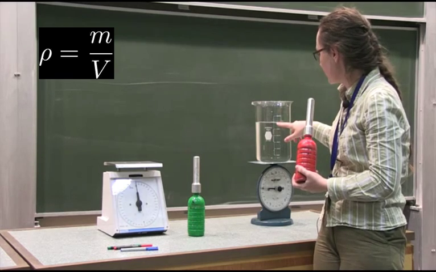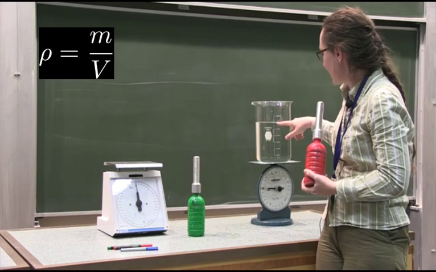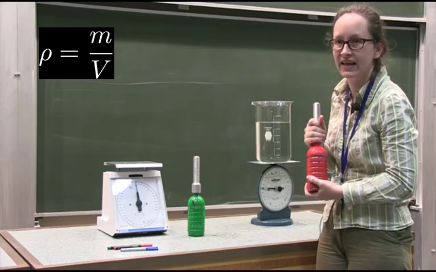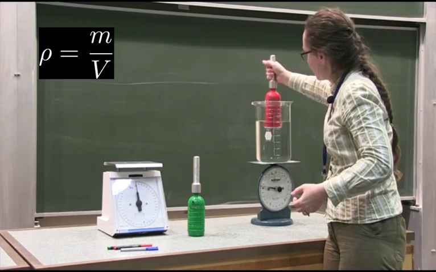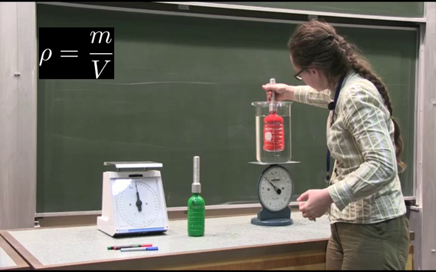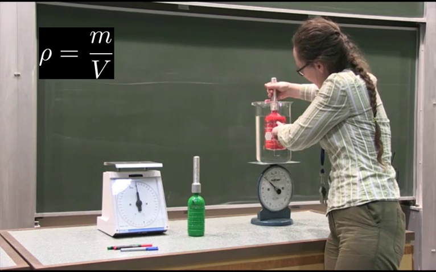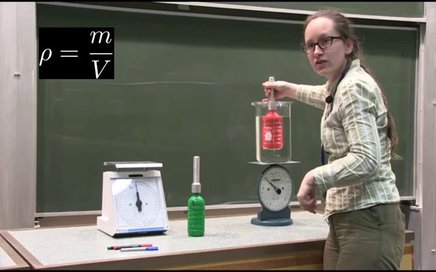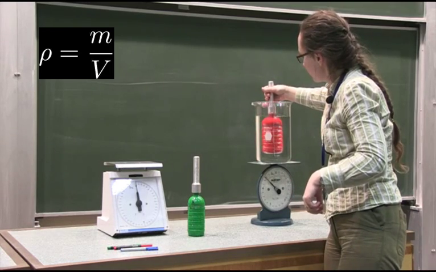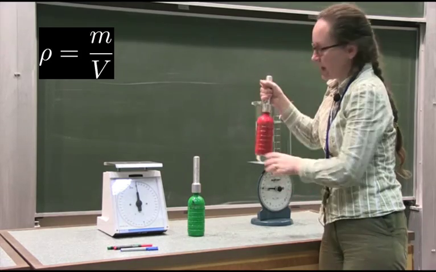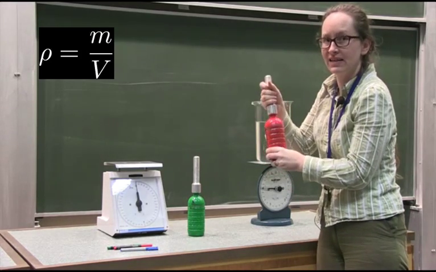So at the moment, this beaker is saying that there are 3,000 millilitres of water in here. Let's now submerge this red bottle. It's now saying that there are 3,600 millilitres of water in the beaker. So this bottle has a volume of 600 millilitres.